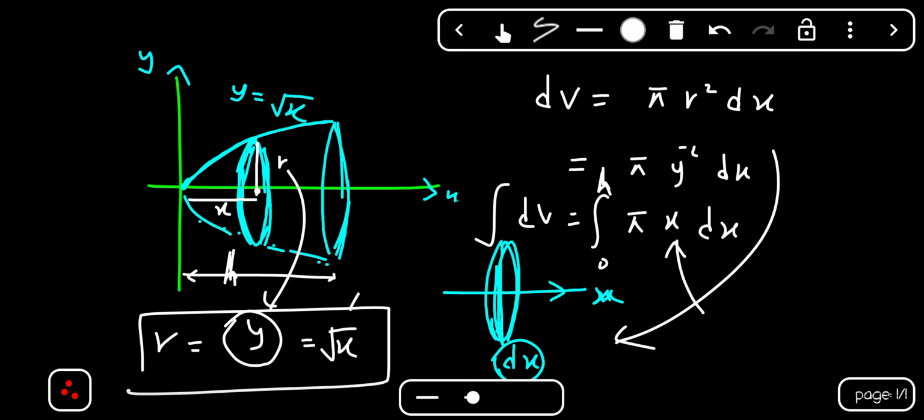So I would like to invite you to find out the volume when it is rotated around the y-axis. I have rotated it around the x-axis, but you can find the volume when the function is rotated around the y-axis, right? Okay, so thank you.